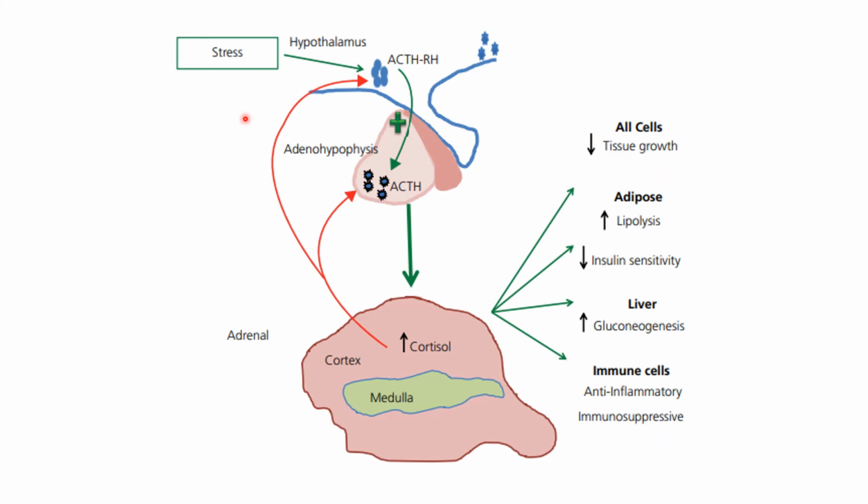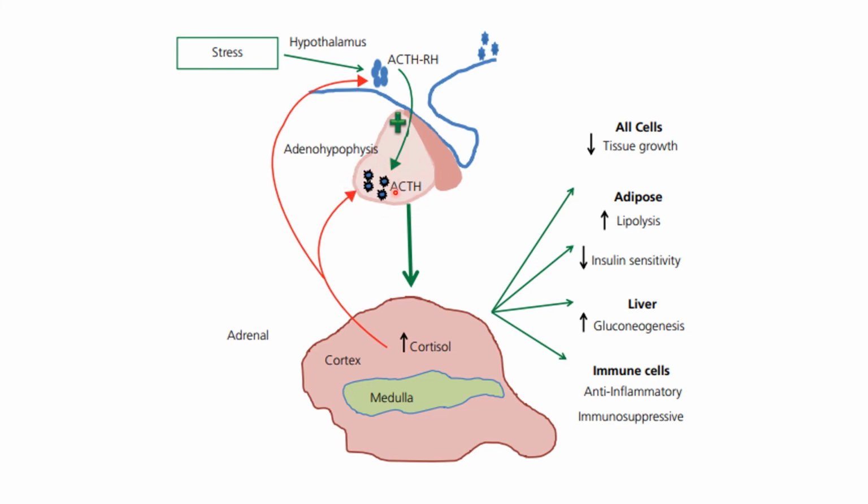So, as previously mentioned, your cortisol are stress hormones. When stress is sensed by your hypothalamus, your adrenocorticotropic hormone releasing hormone is released by your hypothalamus again through the hypophyseal portal system to find corticotropes in the adenohypophysis.